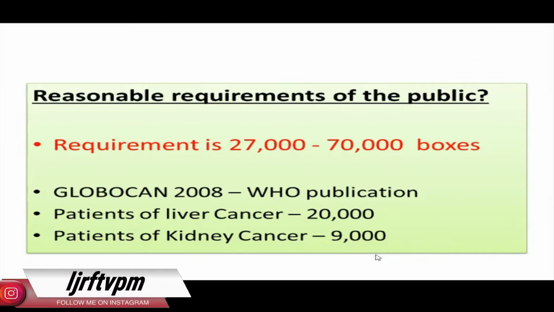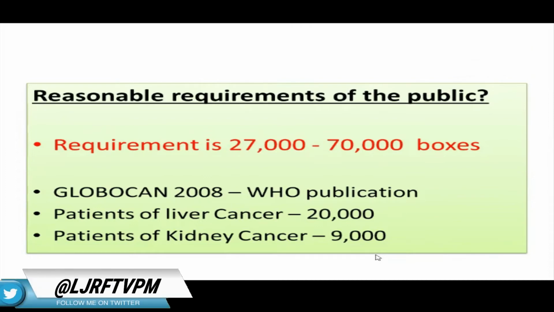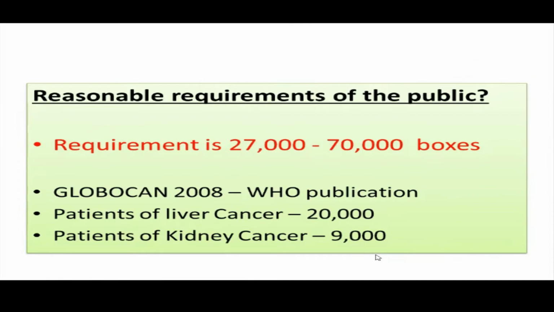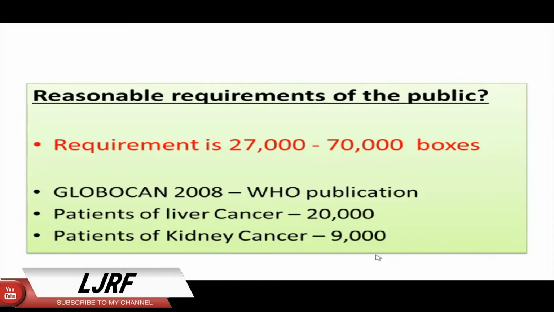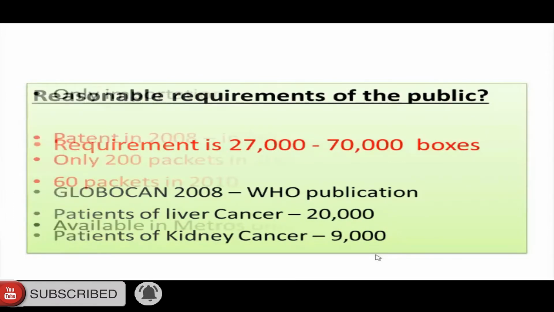Patients of kidney cancer 9,000, patients of liver cancer 20,000, total 29,000. So the requirement will be somewhere between 27,000 and 70,000. That is the reasonable requirement of the public in India at the relevant point of time.